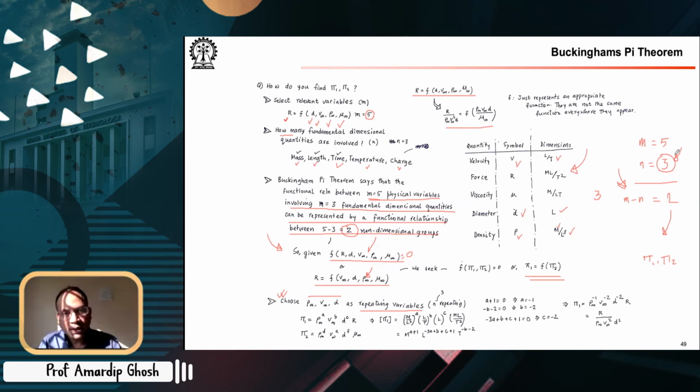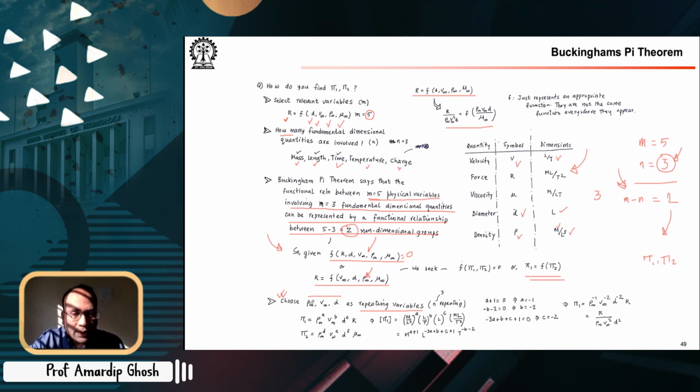However, suppose in a problem you have m by l cube and m by l square, and we choose m by l cube, m by l square, and l, and t is somehow left out. So we cannot choose them as the repeating variables.